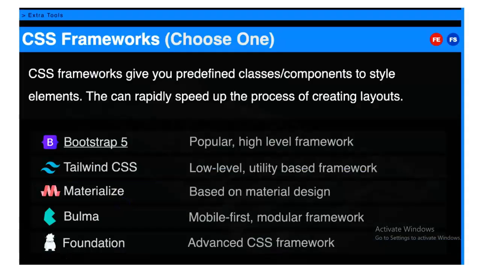CSS frameworks. Choose one. You can choose any one of these CSS frameworks. A CSS framework gives you predefined classes and components to style elements. They can rapidly speed up the process of creating layouts, with Bootstrap 5, Tailwind CSS, Materialize, Bulma, Foundation.